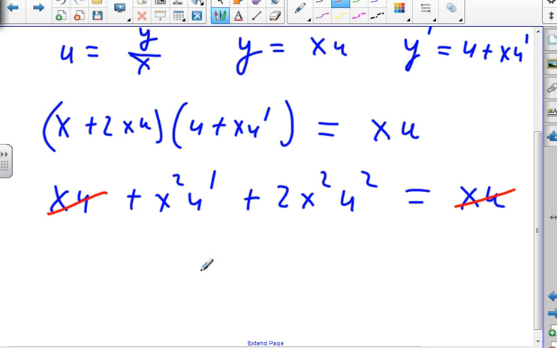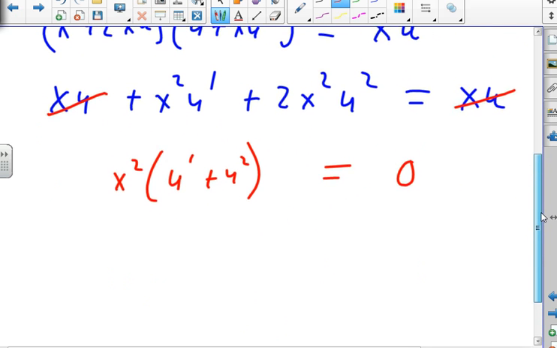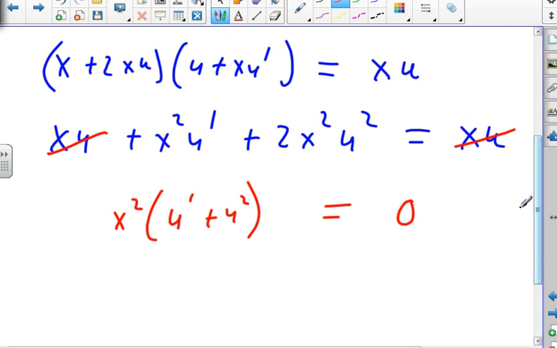So I've got x squared u prime plus 2x squared u squared is equal to 0. Where's the 2? I can divide by x, right?